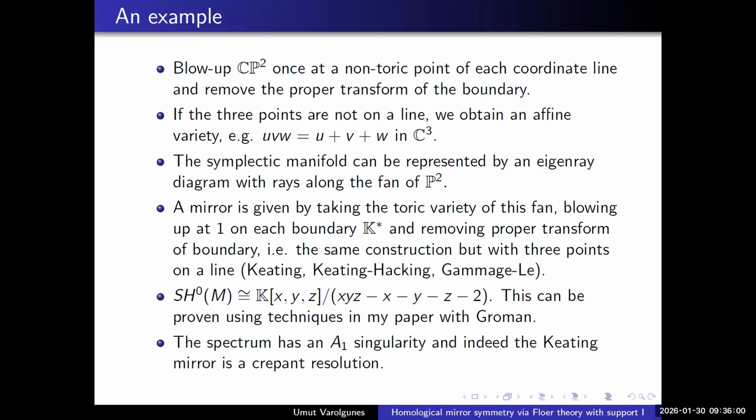And if you check this Keating mirror that I talked about in the two bullet points before, that's really a crepant resolution of this singular affine variety. So that singular A1 singularity became a -2 curve. Okay.